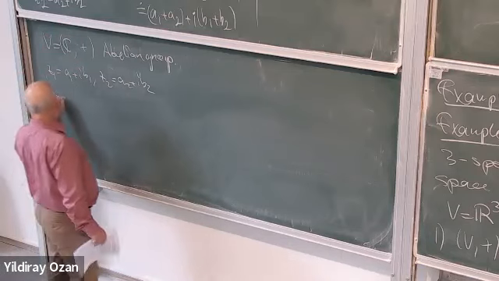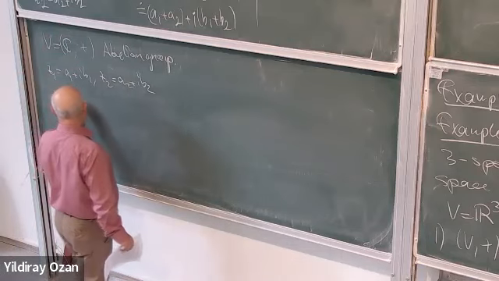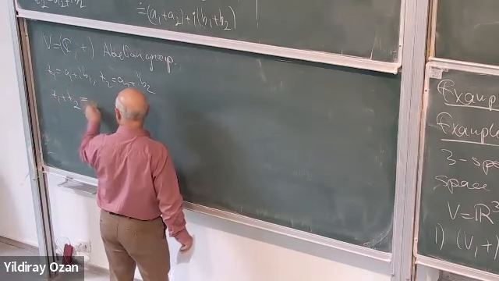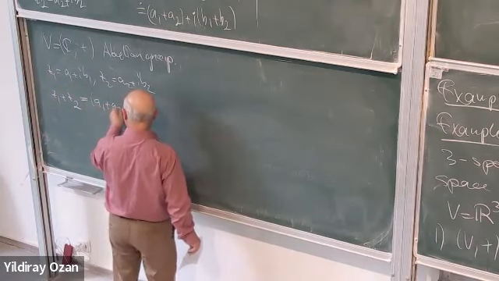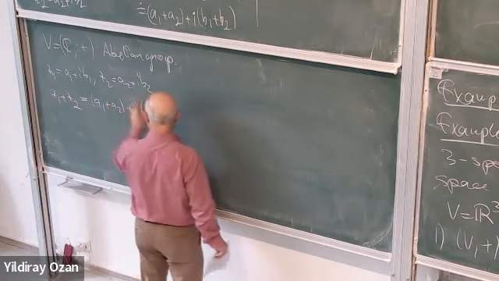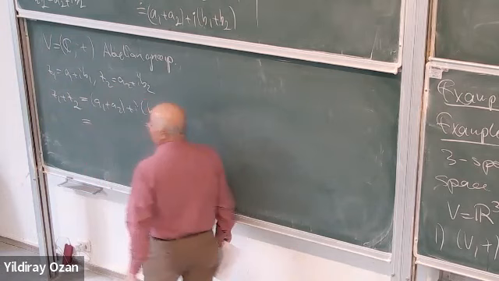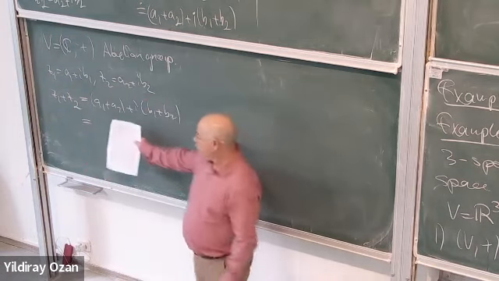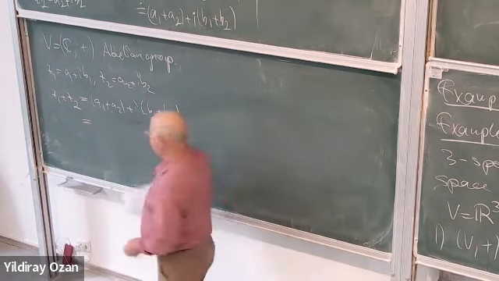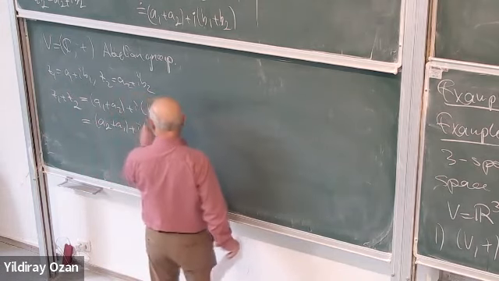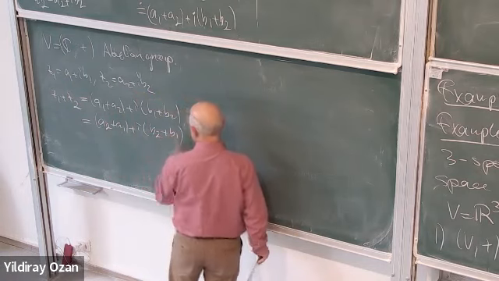In other words, z1 plus z2 should be the same as z2 plus z1. But what is this? This is by definition (a1 plus a2) plus i times (b1 plus b2). Addition of real numbers is commutative. I can write it this way: (a2 plus a1) plus i times (b2 plus b1).